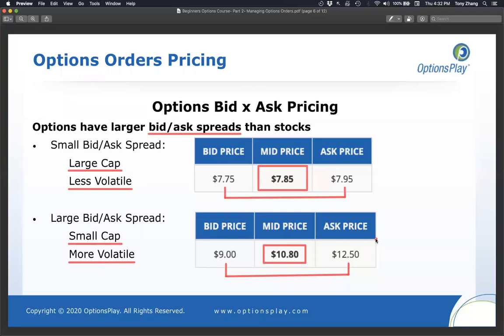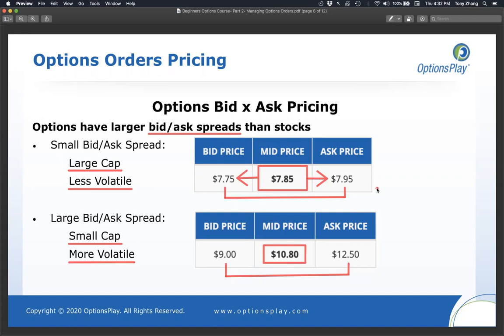Now, the thing about bid-ask spreads is that they're somewhat deceiving, right? Because yes, this is what's quoted to you, that if you buy, you have to purchase at $7.95, and if you're selling, you have to sell at $7.75. But that's what the market makers are willing to offer. That doesn't mean that you can't place an order somewhere in between and try to get filled at a better price.